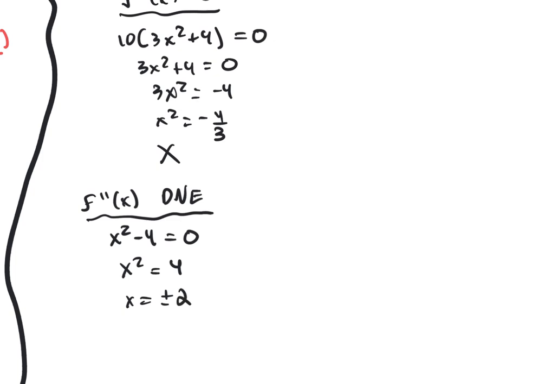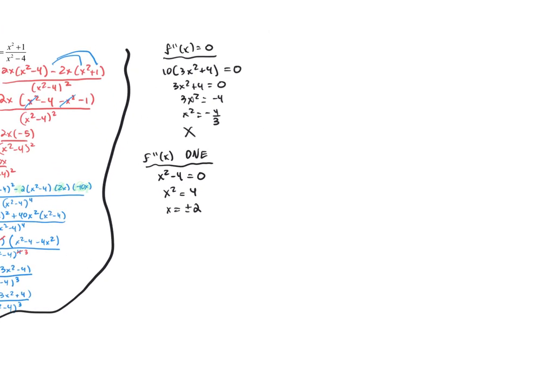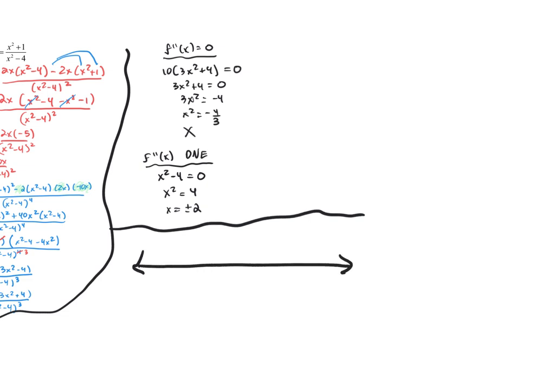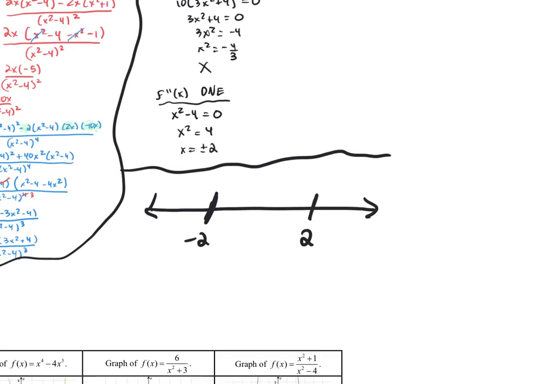So in the end, all that work, all those derivatives, and we discover that what we need to do now for our test is test the values -2 and 2. So really 3 potential intervals here where we will see concavity, and then we come up with our values to test and go from there. So I am going to test here.